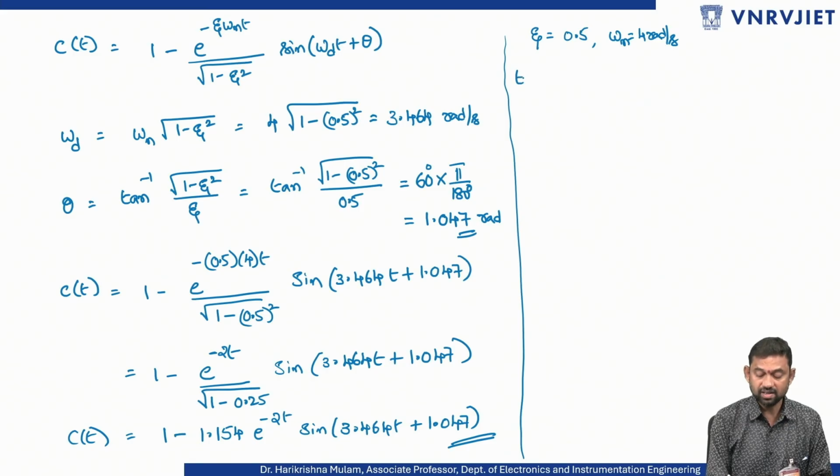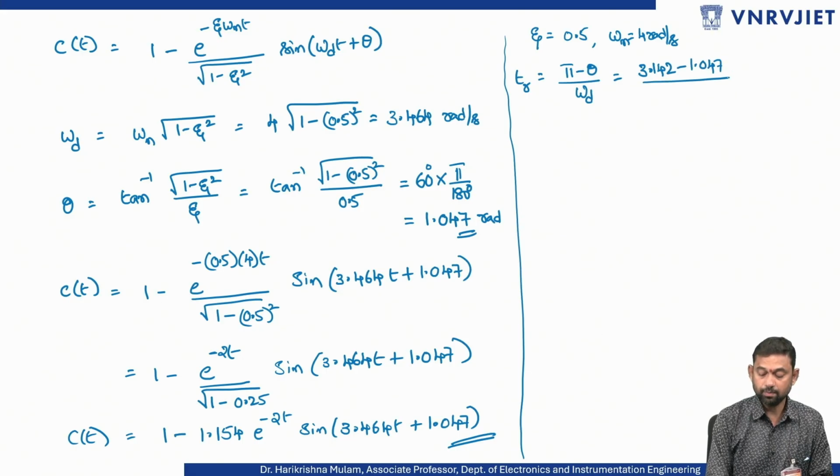Let us first find rise time. Rise time is given as pi minus theta by omega d. Pi value is 3.142 minus theta value is 1.047 divided by omega d value is 3.464.